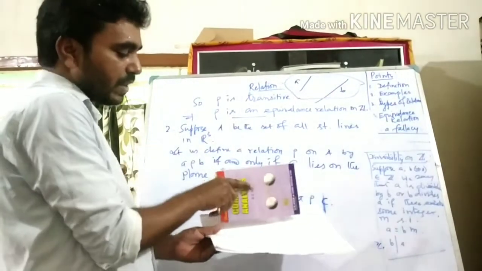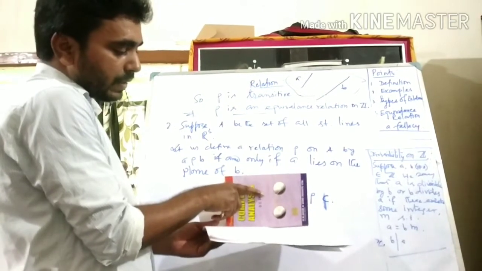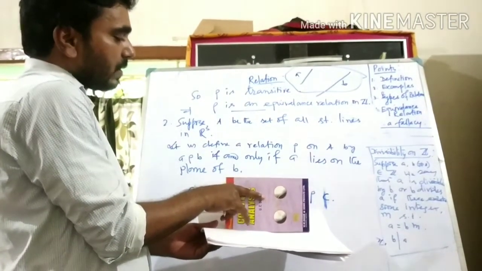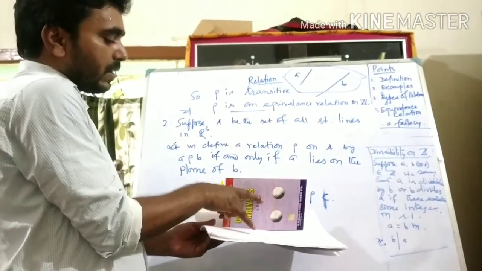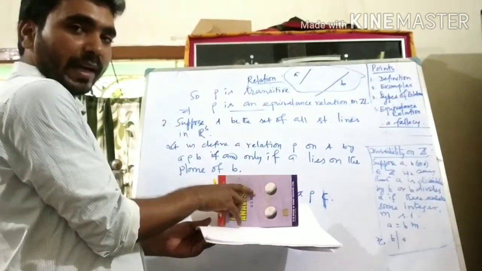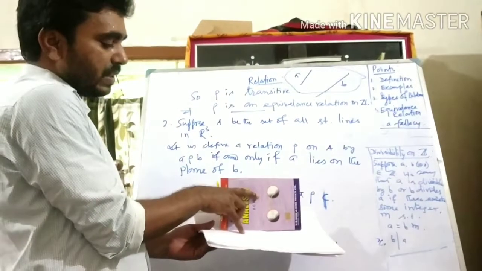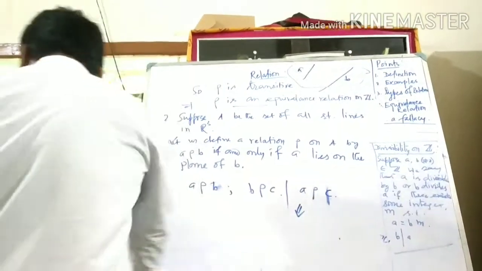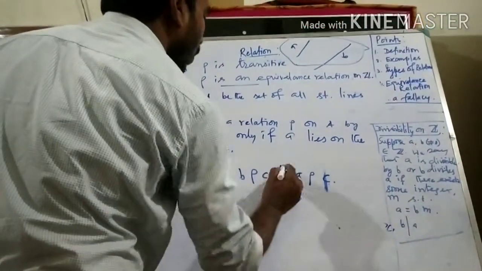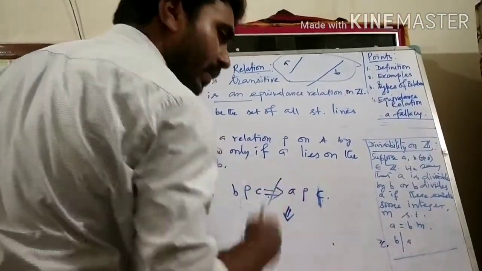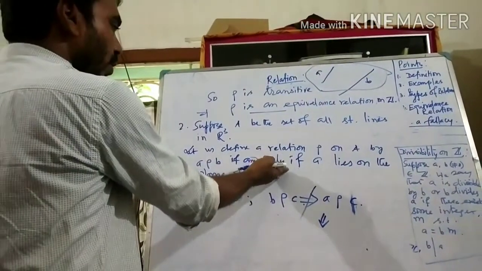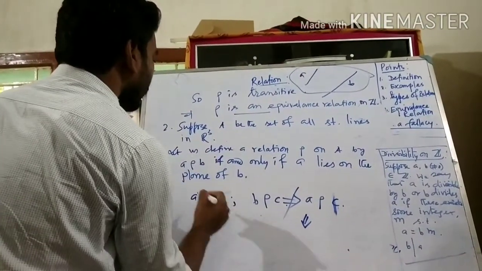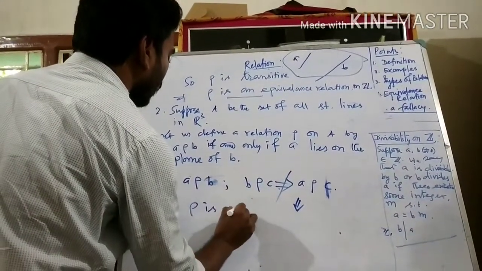That means the plane should be like this. So it is quite obvious from this picture that the straight line A may not lie on this plane C. This is the plane C. Okay. So these two together may not always imply A rho C. For this particular example, this shows that rho is not transitive.